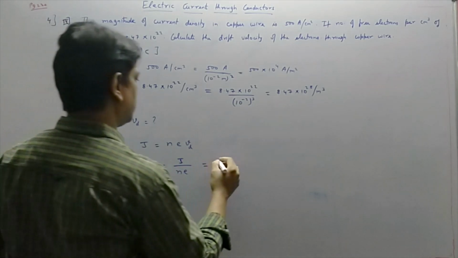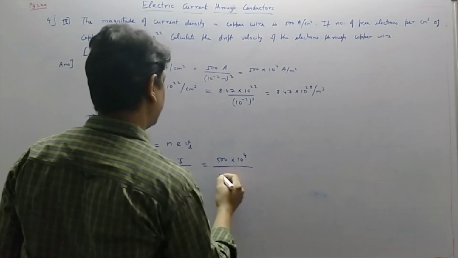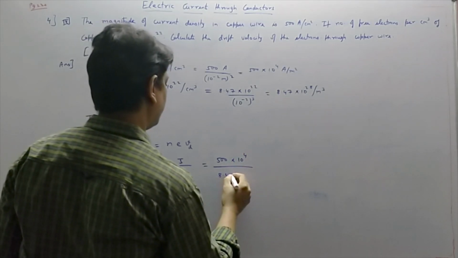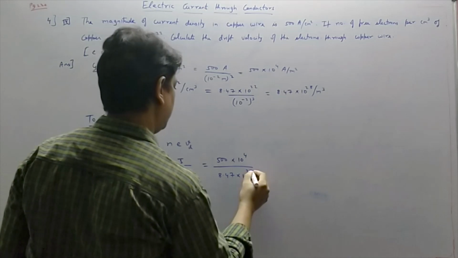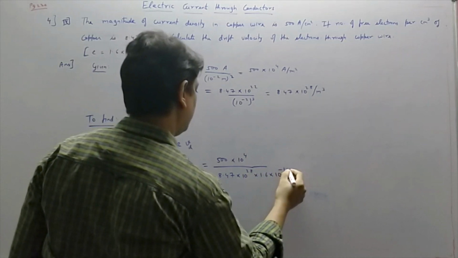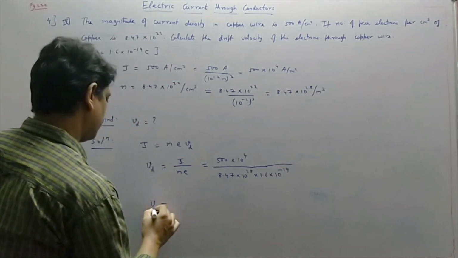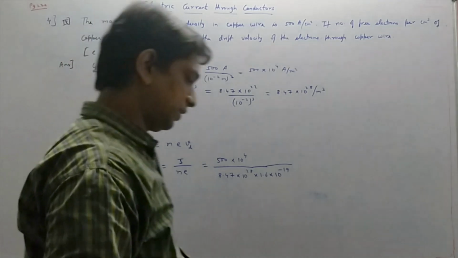Current density is 500 × 10^4 divided by number of electrons, 8.47 × 10^28, into 1.6 × 10^-19 coulomb, the charge of an electron. Please solve this, students. By log and antilog you can get the answer.